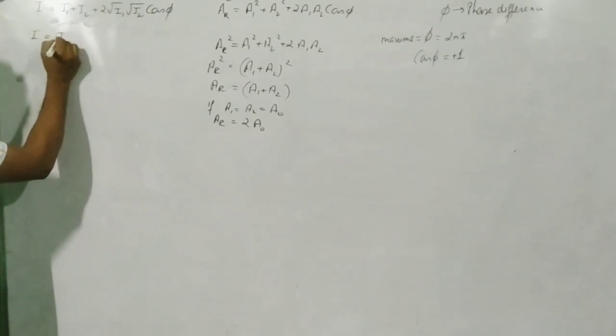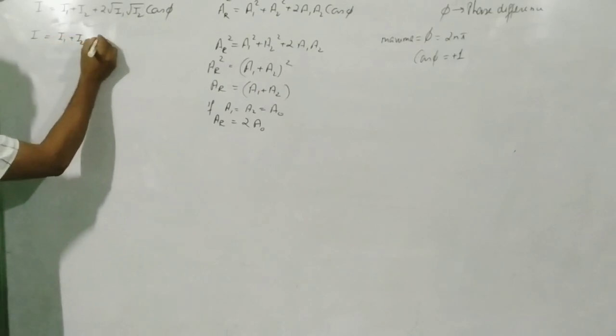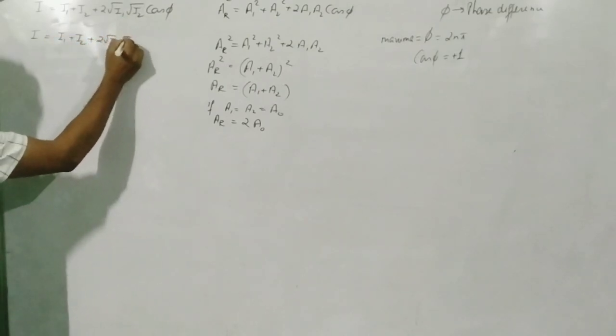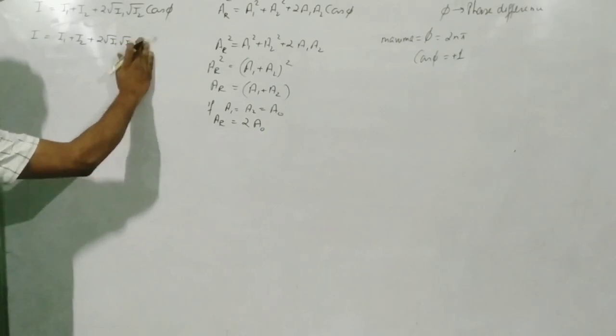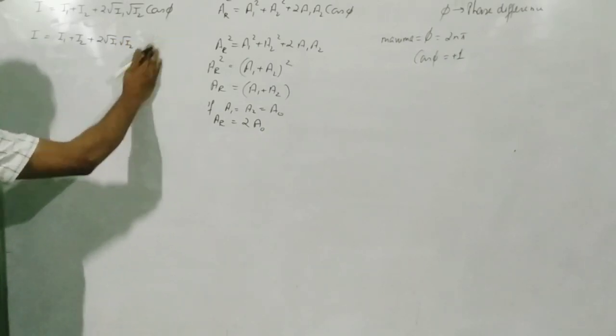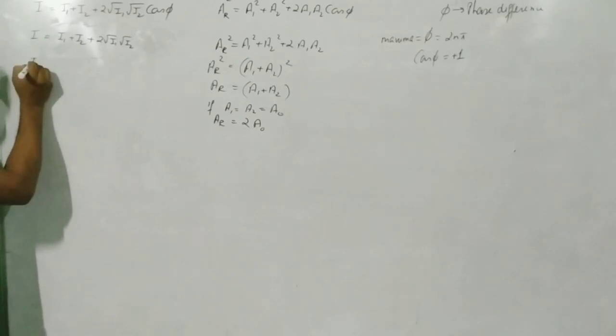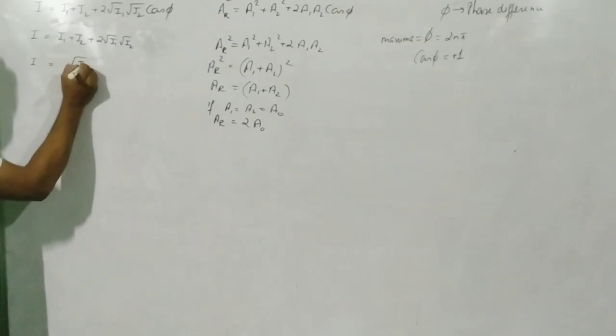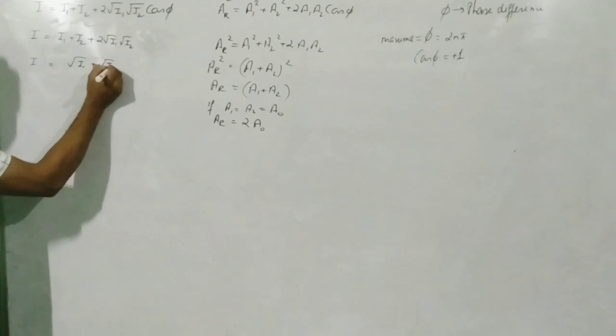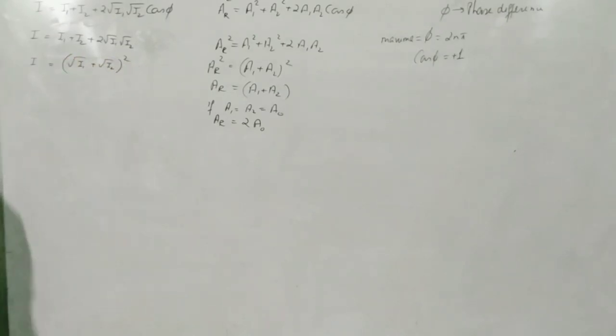What will happen on the intensity formula? Intensity will be equal to I1 plus I2 plus 2 root I1 I2 cos phi, where cos phi is 1. And this will be equal to root I1 plus root I2 the whole square. Correct? This is what we needed.